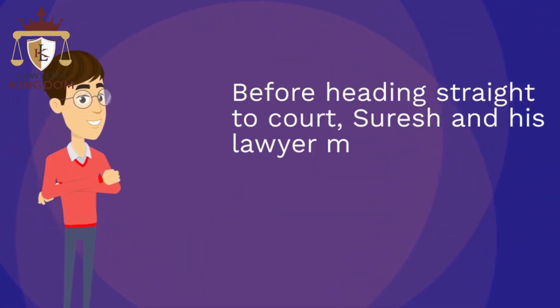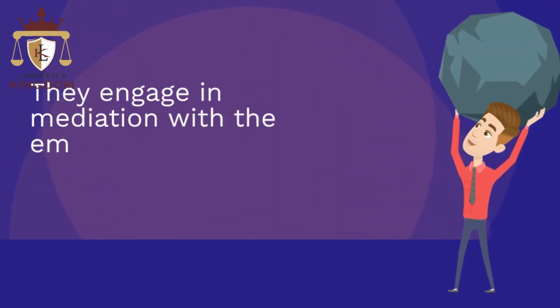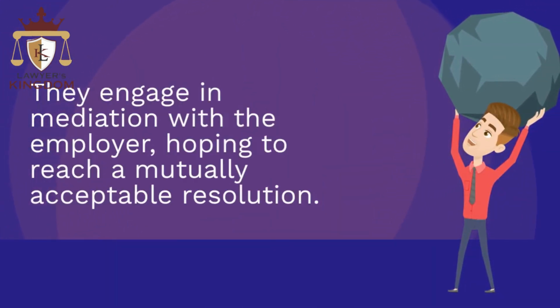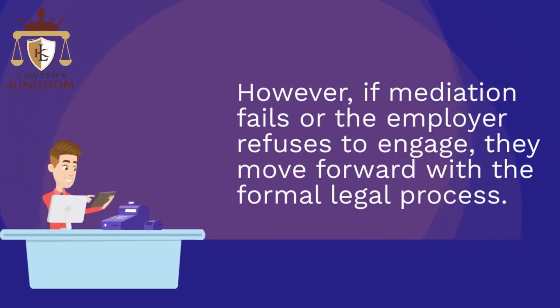Before heading straight to court, Suresh and his lawyer make an initial attempt at resolving the dispute amicably. They engage in mediation with the employer, hoping to reach a mutually acceptable resolution. However, if mediation fails or the employer refuses to engage, they move forward with the formal legal process.